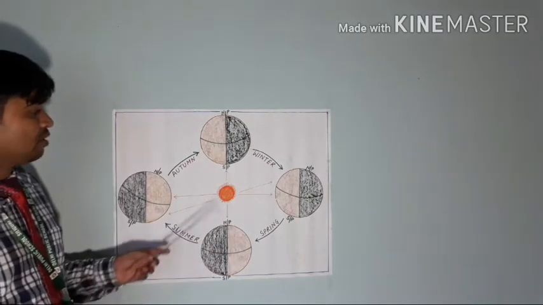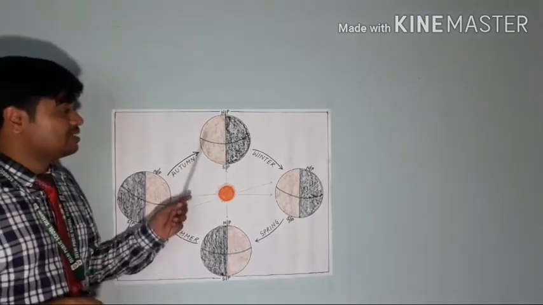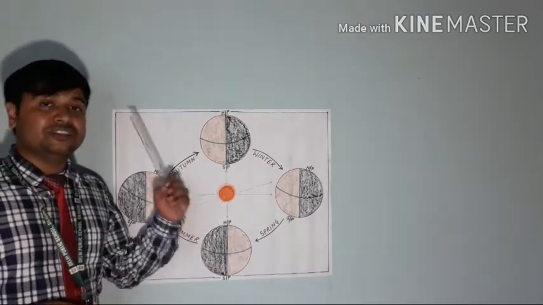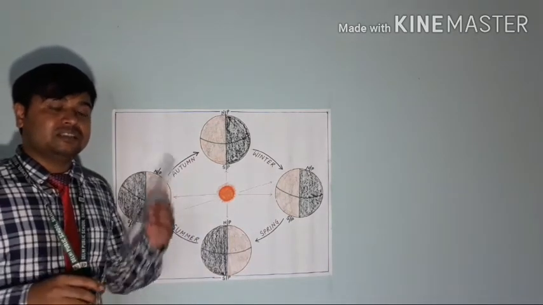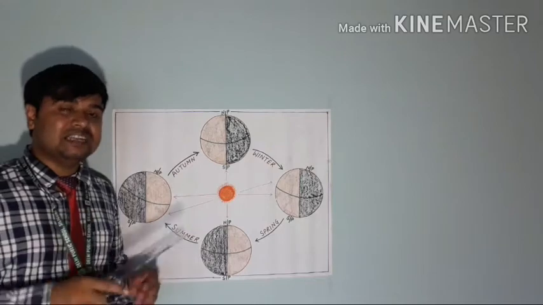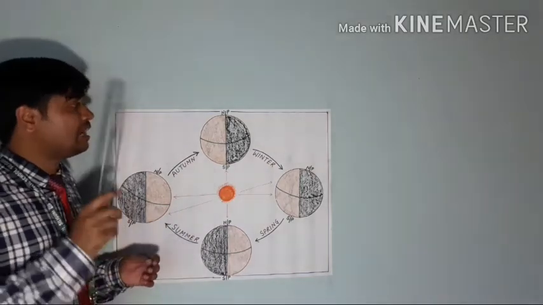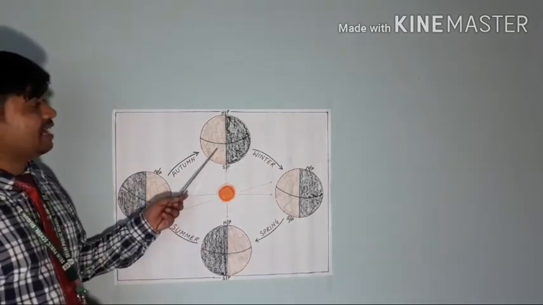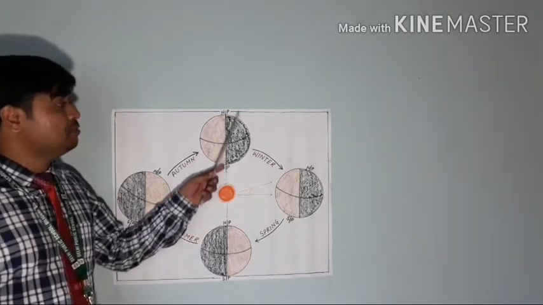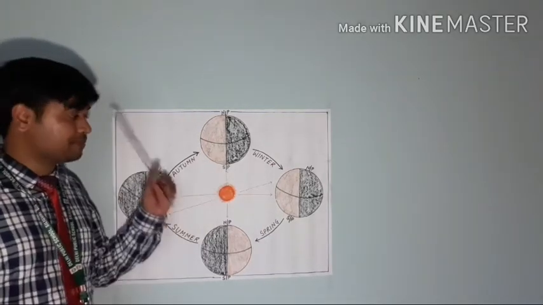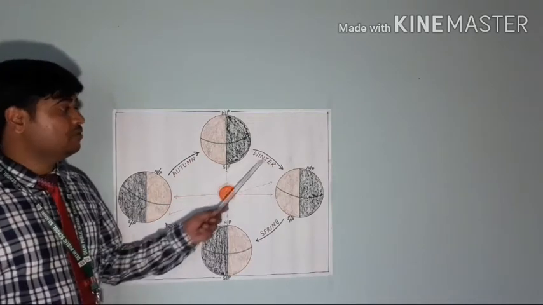It is because during this time sun rays fall directly over the equator. That means the equator gets direct sun rays, and that's why during this time we have equal day and night in both the hemispheres.